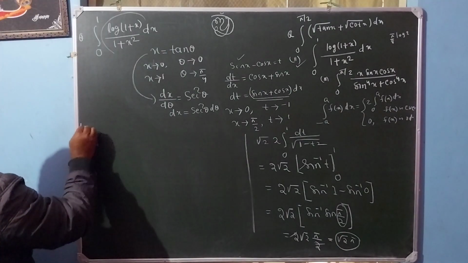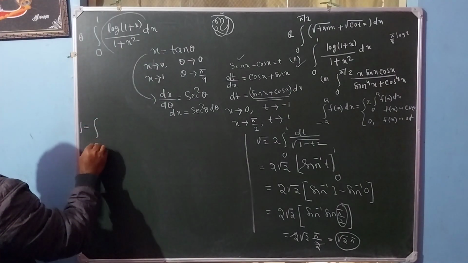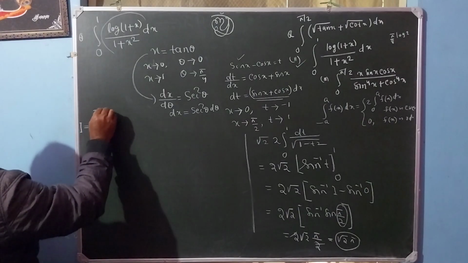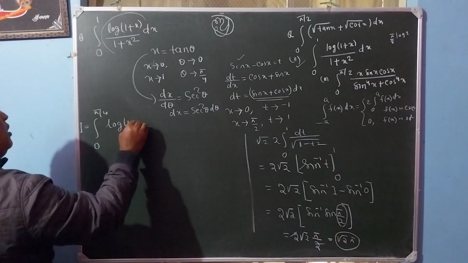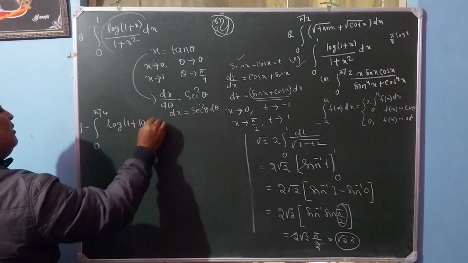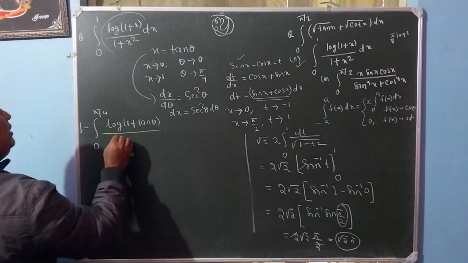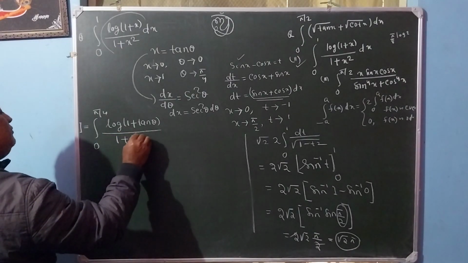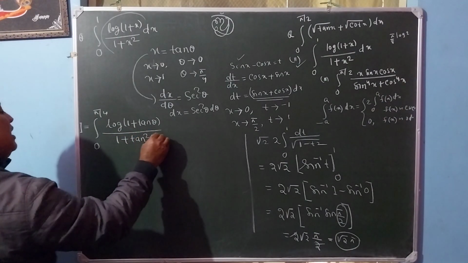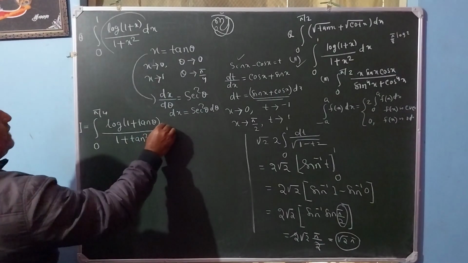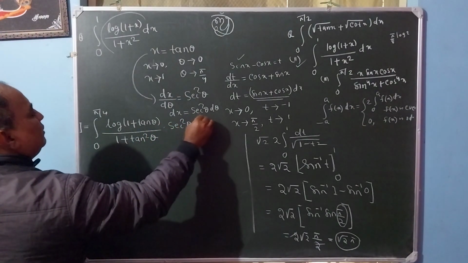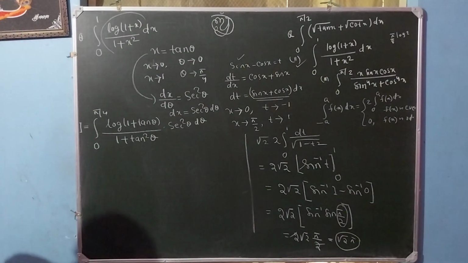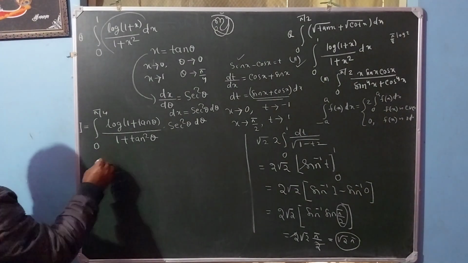So that is I, integration from 0 to pi by 4 of log 1 plus tan theta divided by 1 plus tan square theta, and in place of dx we put sec square theta d theta. 1 plus tan square theta is sec square theta.